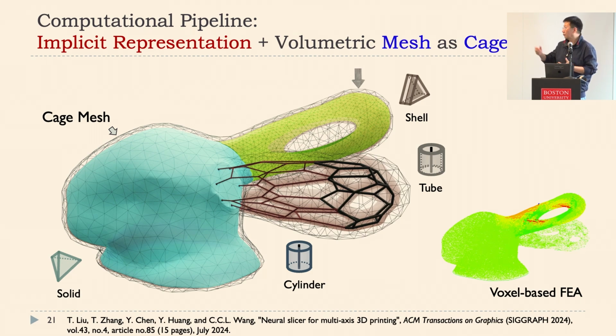As long as the cage mesh is able to contain everything inside, that's good enough, because we're going to use this cage mesh as an intermediate representation to help us generate the deformation. Okay? And it turns out we're also able to convert the original model back into a solid representation. As long as it's an implicit representation, we're able to conduct the slicing, which will be very helpful.